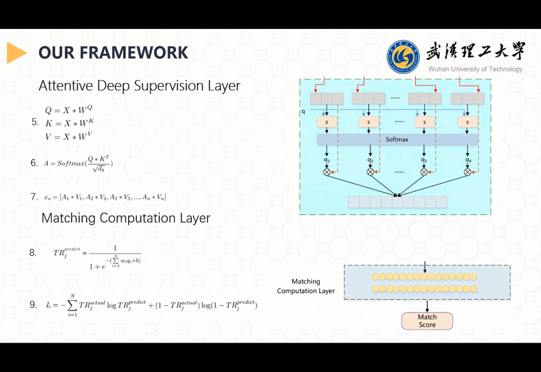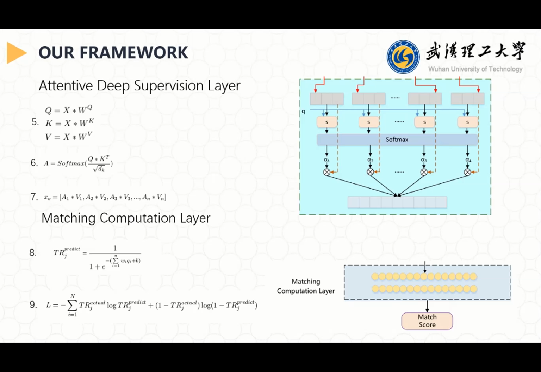And in the attentive deep supervision layer, the third semantic feature representation XO can be described by equation 7. By considering the attentive deep supervision, the features of different levels of abstraction can be captured better.